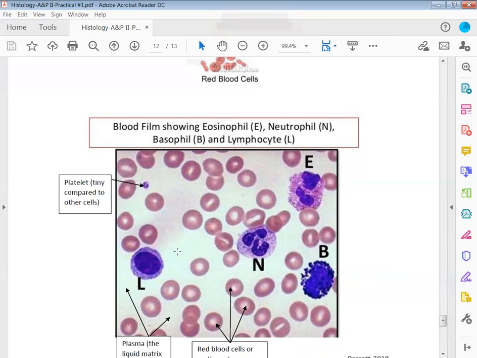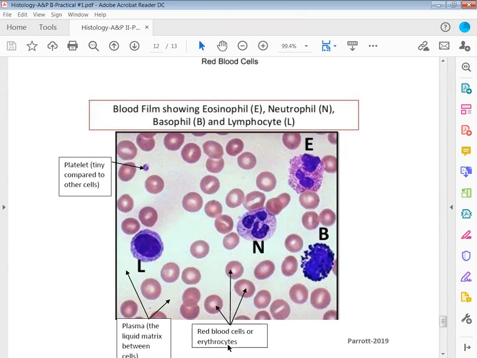In here, where it looks like nothing, that's going to be your matrix called the liquid plasma. So if I point to the middle of nothing and I say identify the matrix, you're going to tell me plasma. If I ask you to identify this cell right here, you're going to tell me a platelet. Remember, platelets are very teeny tiny compared to the rest of the blood cells. Then all these little pink cells that look almost like donuts are going to be your red blood cells.